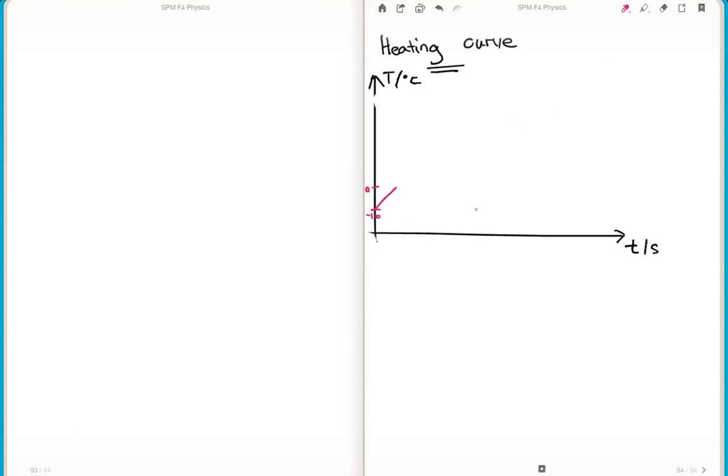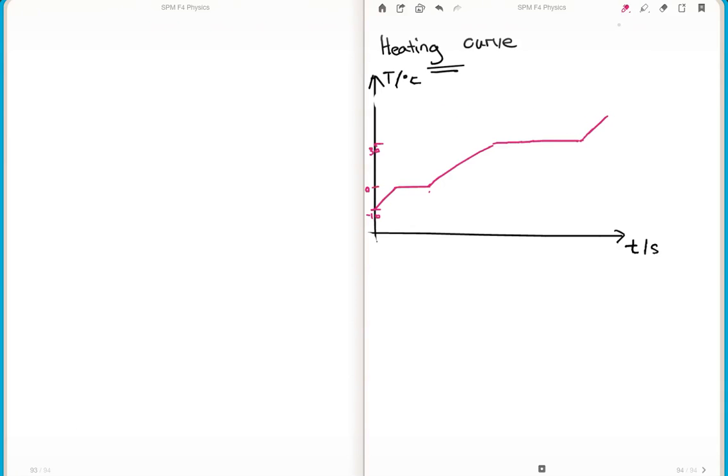Then what happened, if you have this experiment, you should do it. It would definitely stop for a while before temperature starts to increase. And this is where I have my 30 degrees C. And then what happened if I heat it up further, very long time until you get to the boiling temperature.